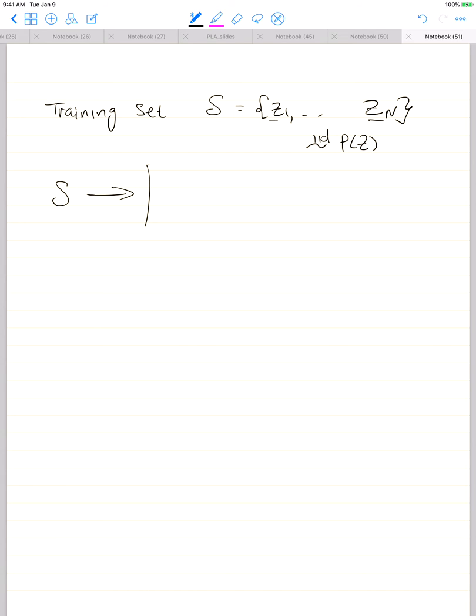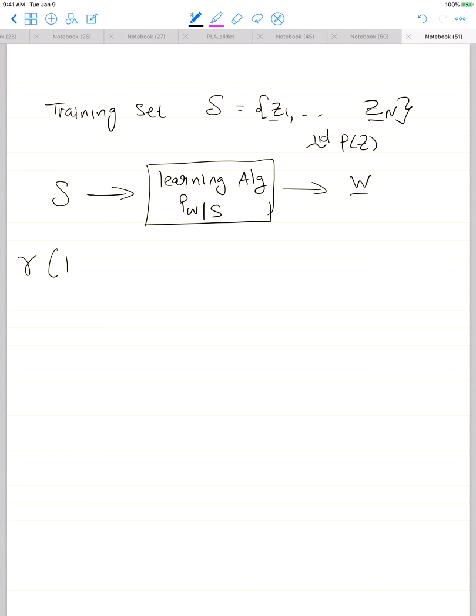You take S, you pass it through the learning algorithm P of W given S, and you produce an output weight vector W. The quantity we were interested in was gamma of P of W given S and PS, which was defined to be the expectation of the absolute value of E in of W, which depends on S, the training error, minus E out of W, which only depends on the marginal of W. You take the expectation over S and W.